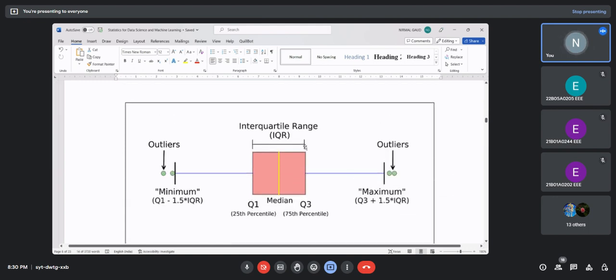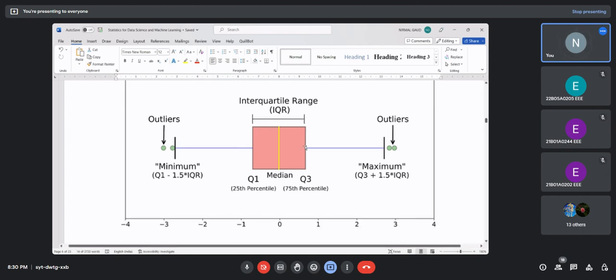This diagram, you need to remember it, store it wherever in your hard disk. This is the distribution of the data, and there is a box in between. Here is a box. This is Q1, 25% distribution.